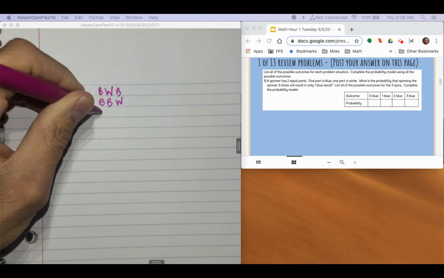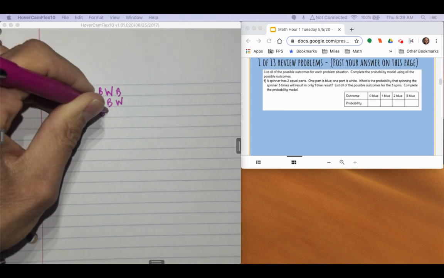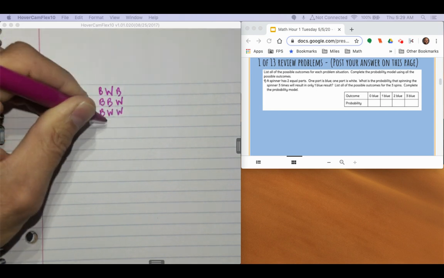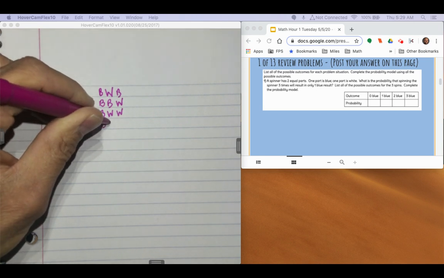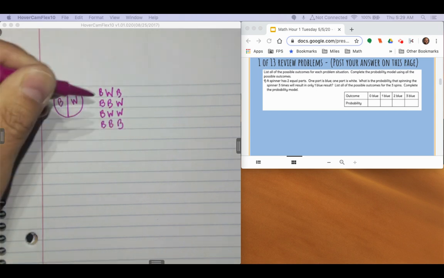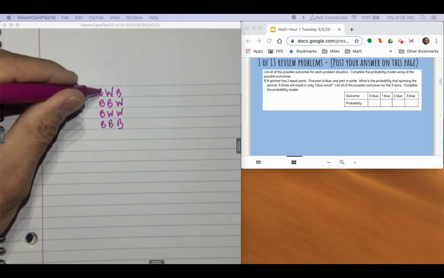If my first spin is blue, my second spin is white, my third could be white. If my first spin is blue, my second spin is blue, my third spin could be blue. Okay, that should be all of the possible outcomes with blue as the first spin.